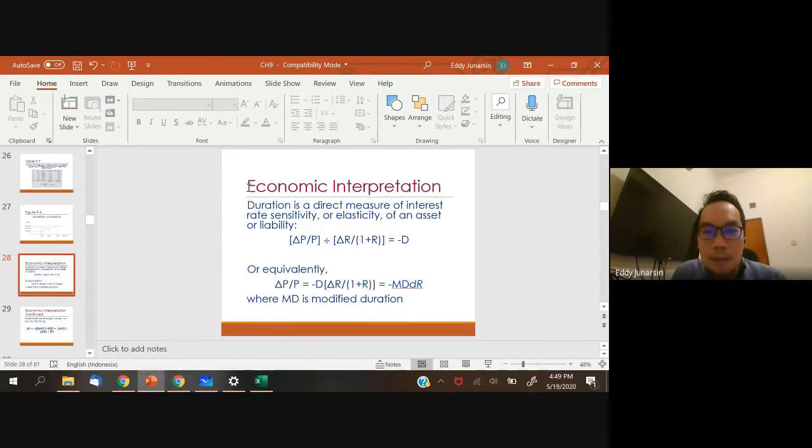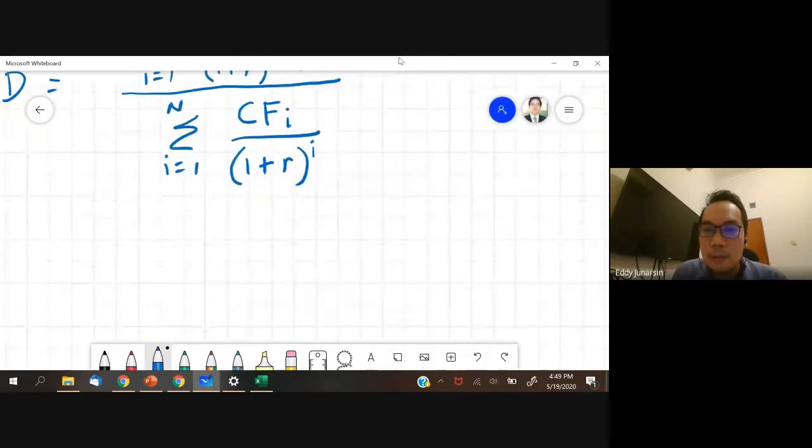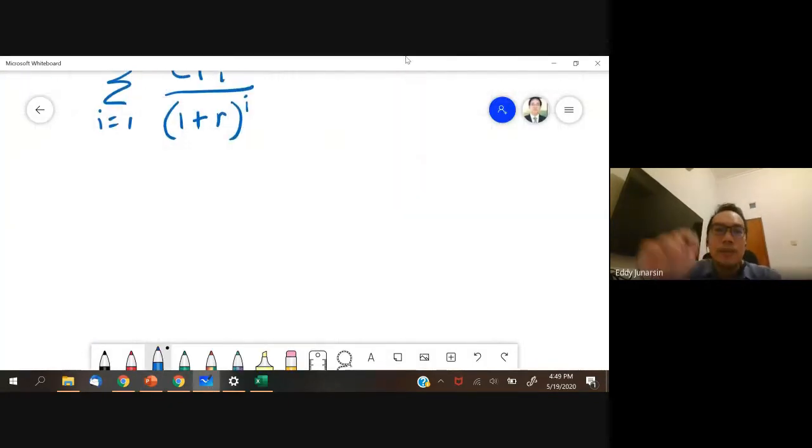Now we'll go into the economic interpretation. So why do we use duration a lot in finance, accounting, and economics? Because we get a lot of help from the duration method to do the hedging, right, or immunization. So you try to immunize yourself against the interest rate risk.